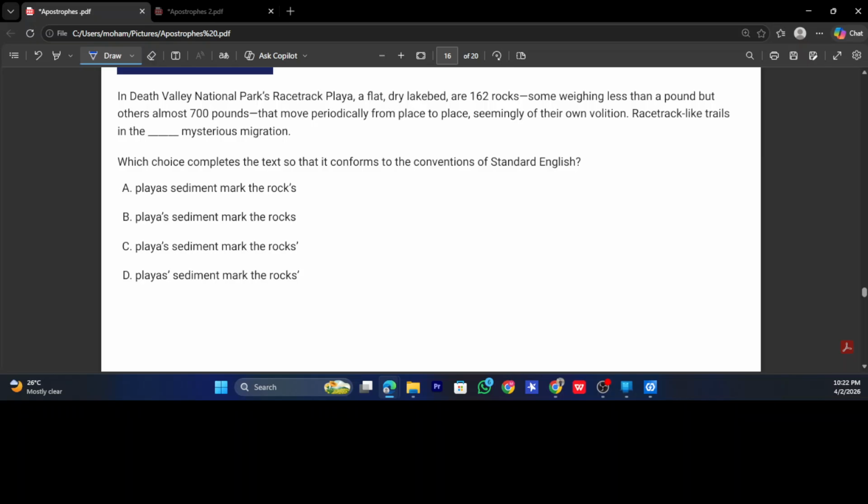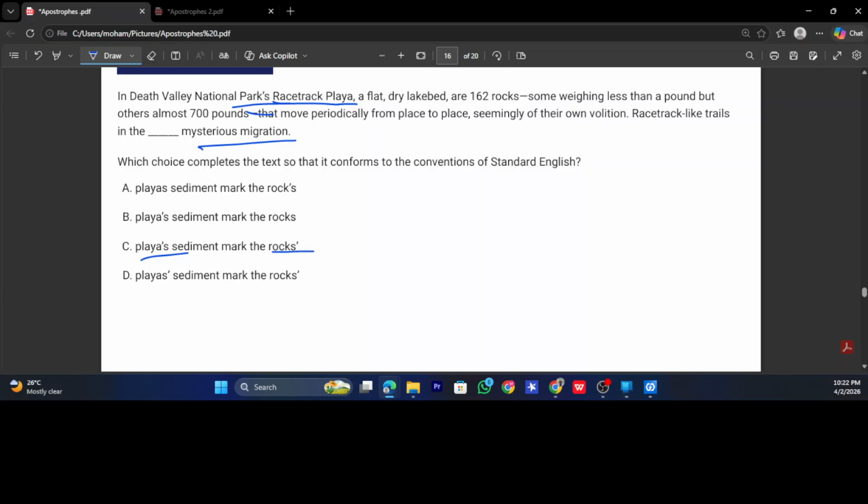So here, one layer. Okay, one. So we need an apostrophe singular, and after that, the migration rocks.